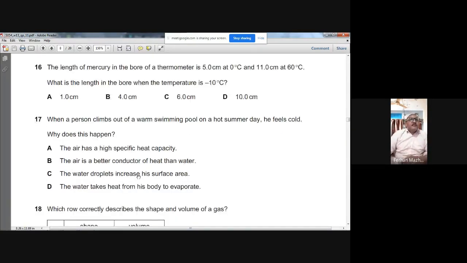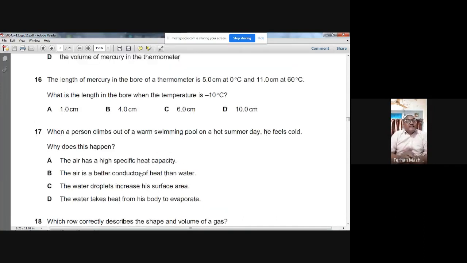Now the question we have on our screen, question number 16. The length of the mercury in the bore of a thermometer is 5 centimeter at 0 degrees centigrade and 11 centimeter at 60 degrees centigrade. What is the length in the bore when the temperature is -10? Okay. So you should remember that formula. One formula which we use is, let me show you.